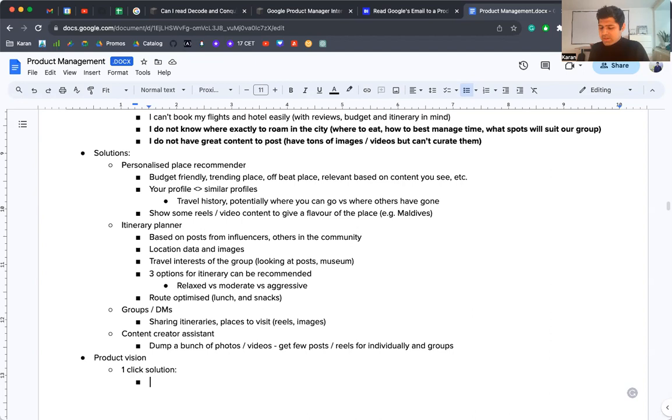Just 10 parameters to enter, and you get three travel recommendations as output. So this is more or less like a generative AI driven solution, pretty fancy.